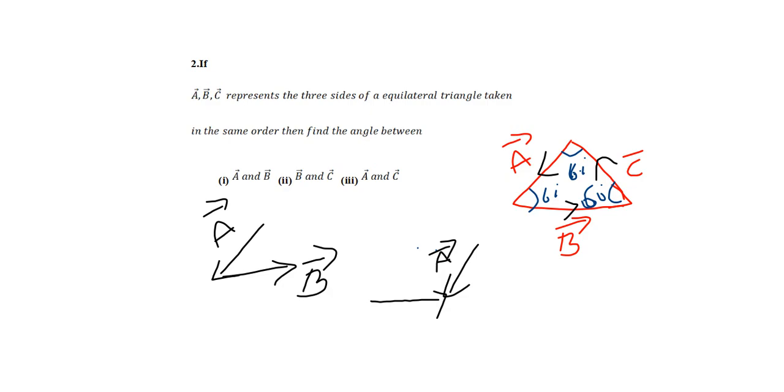So this angle is 60 degrees. We extended this straight, so the total is 180. So 180 minus 60, 120. The angle between A bar and B bar is 120 degrees.